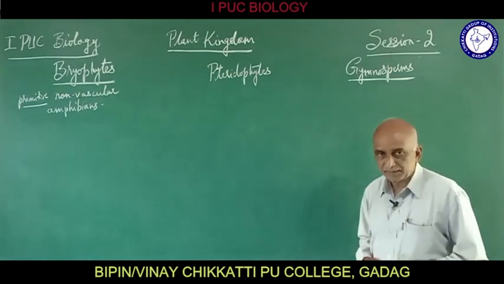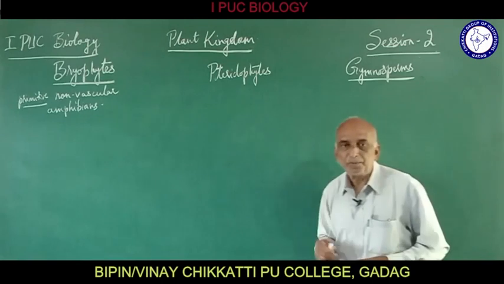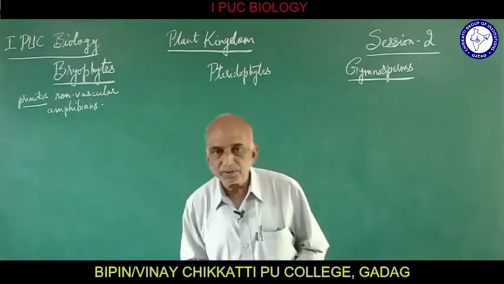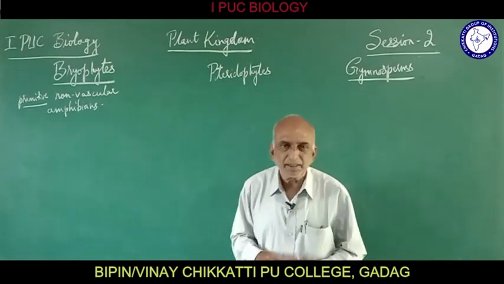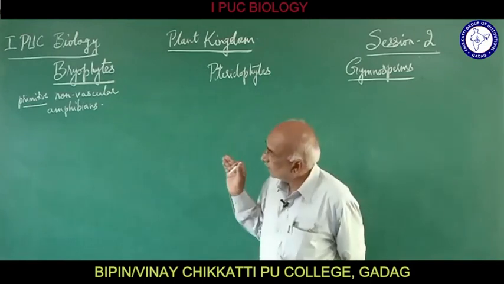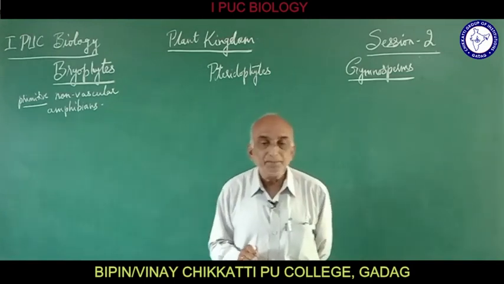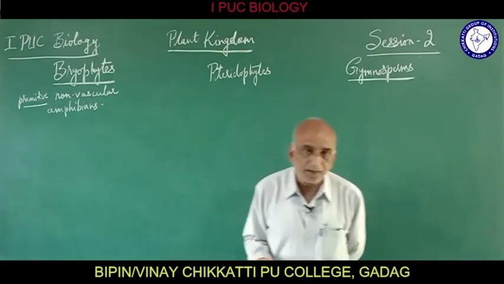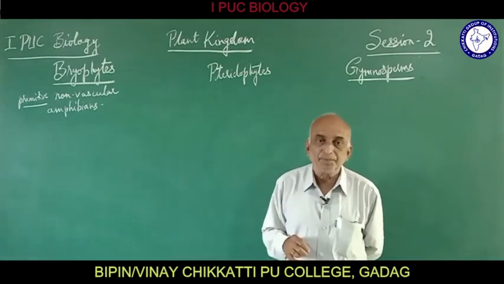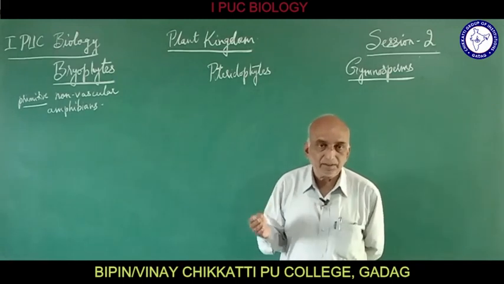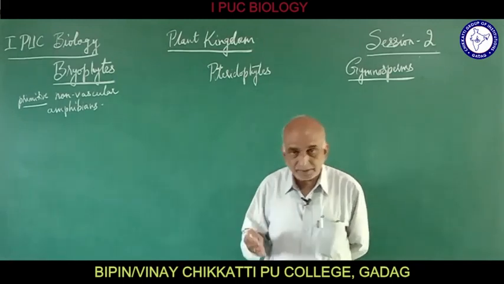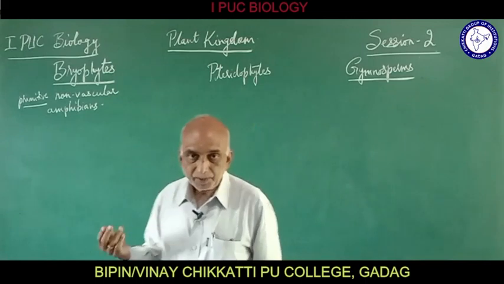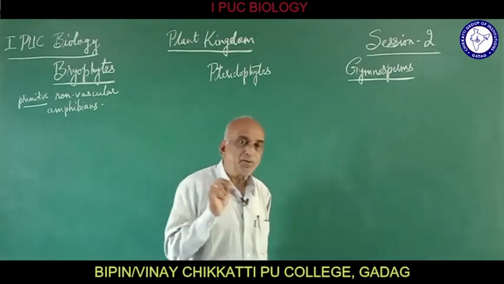Now amphibians are actually a group of animals which includes frogs, salamanders and many others. Amphi means 2, double, bio means life. So double life. We call them amphibians because the frog lives on land as well as in water.